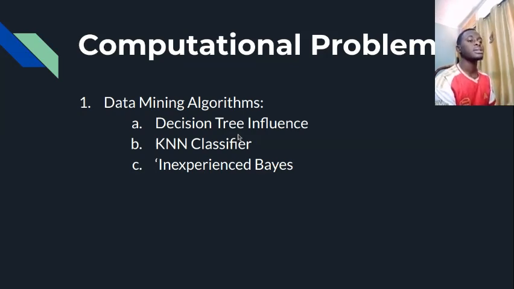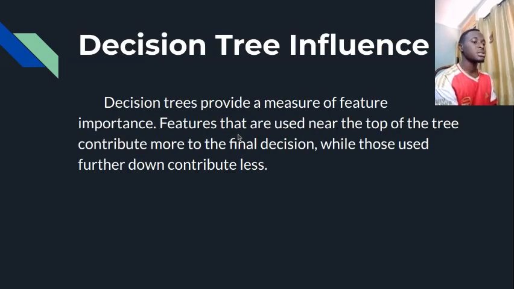They used data mining algorithms like the decision tree, the KNN classifier, that is the K nearest neighbor classifier, and naive Bayes. A decision tree works in a way that the features that are very important come first, could be the age, could be the marks the students are getting, and the features that are not so important go last.